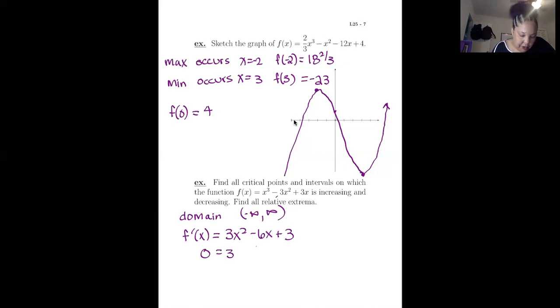I'm going to factor out a 3, and I get x squared minus 2x plus 1. And I factor that as x minus 1 times x minus 1. So my critical number is x equals 1.